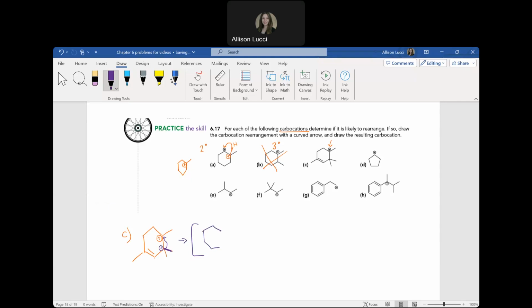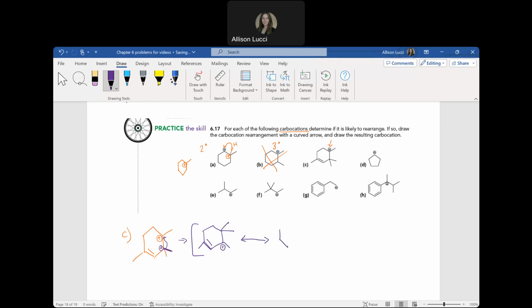We have our structure here, and we have our double bond still there, and now our cationic site is here, and now there's two methyl groups up here. So this is what we would see after that rearrangement, and there's actually a resonance stabilization that can occur.